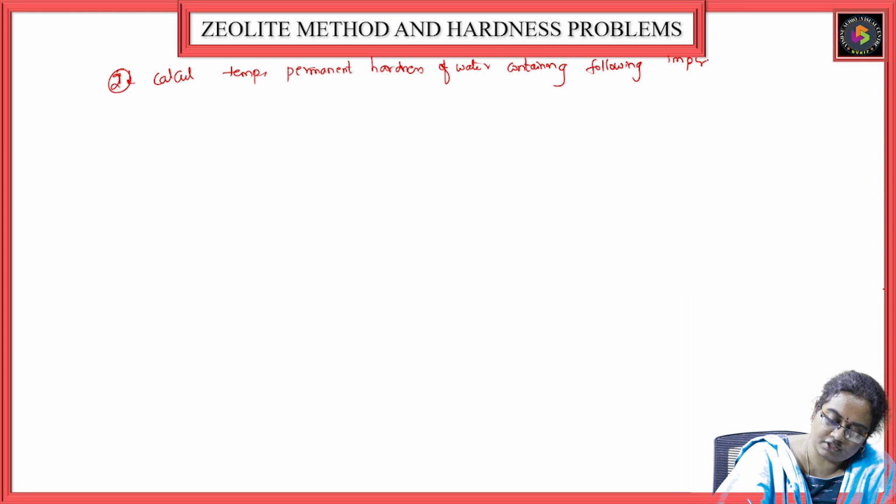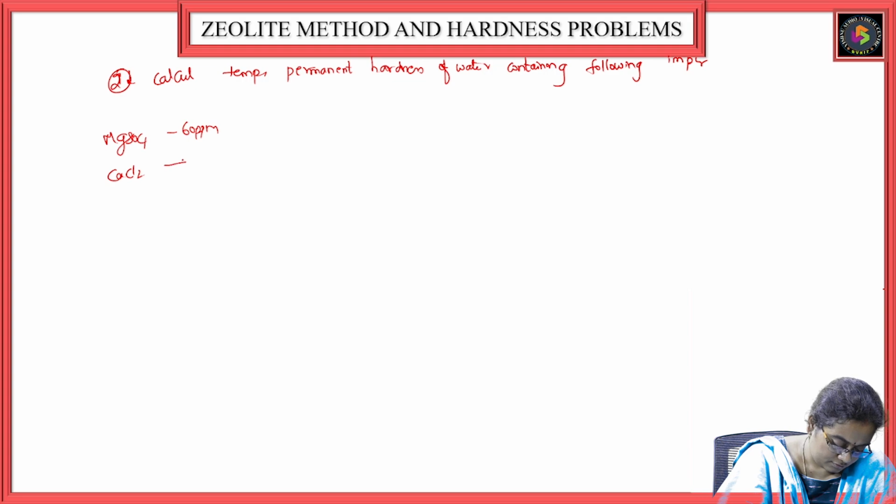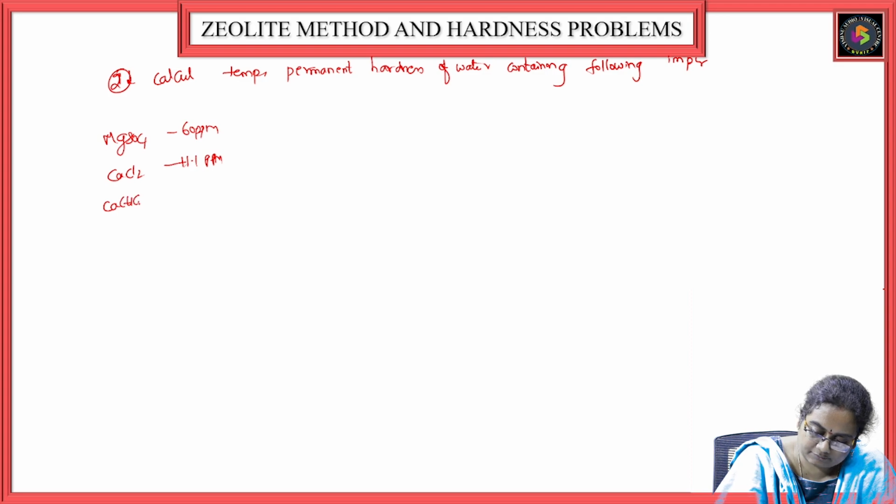So what are the impurities we have? Magnesium sulfate 60 ppm. Next, calcium chloride 11.1 ppm. Next, calcium bicarbonate 32.4 ppm.